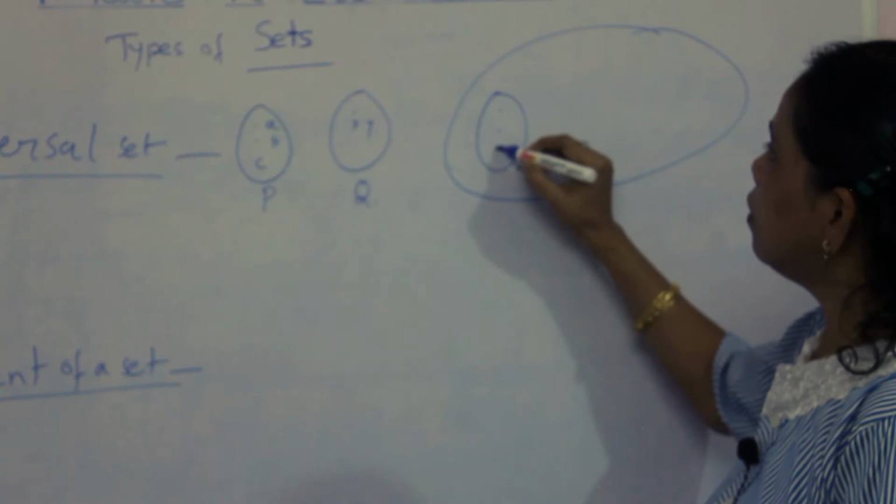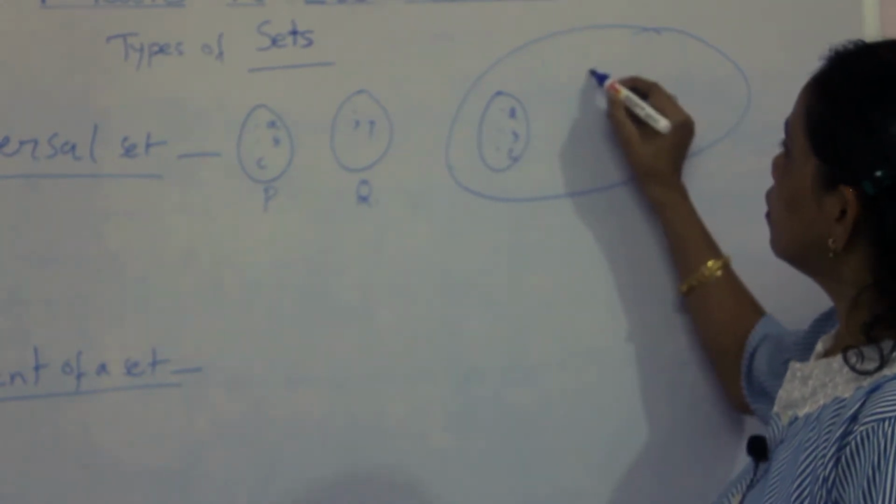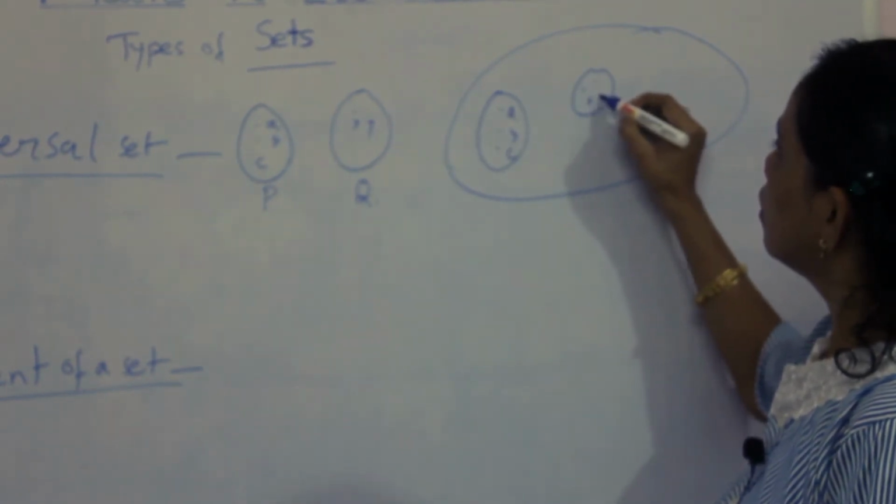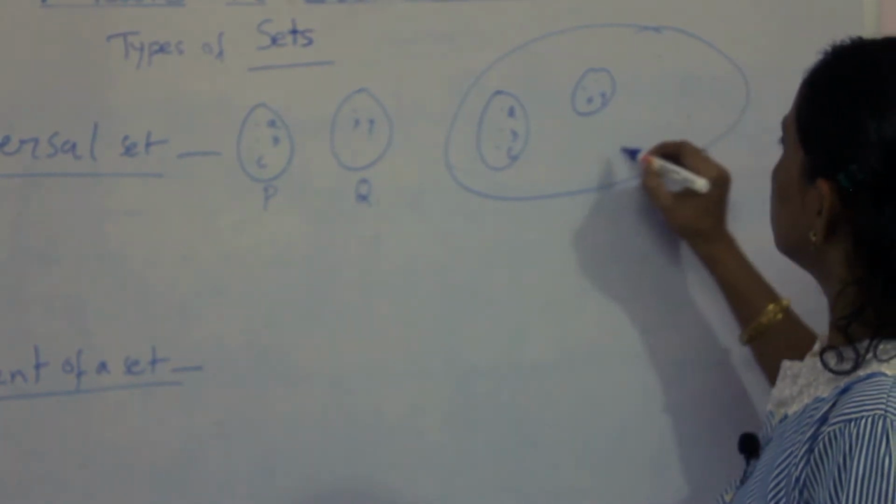This is A, B, C. This is XY. These are other elements.